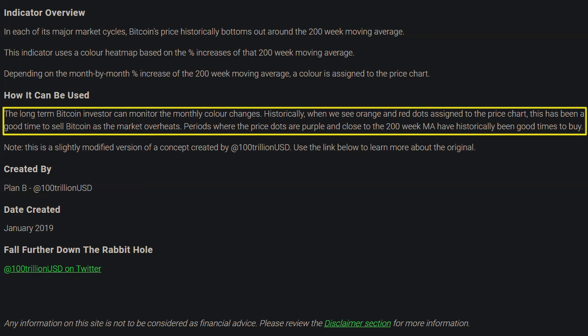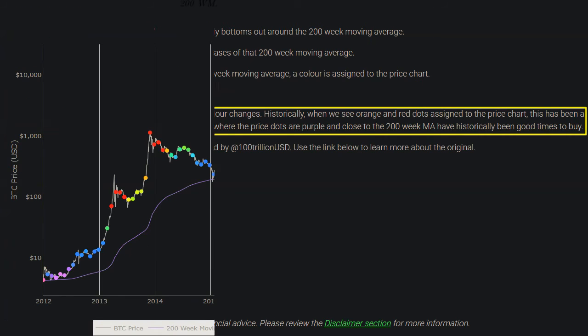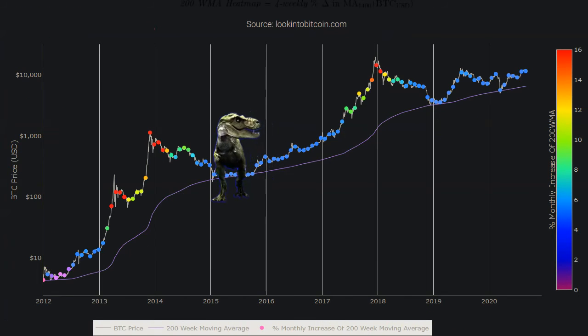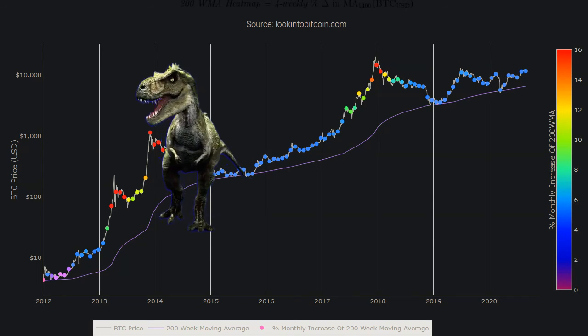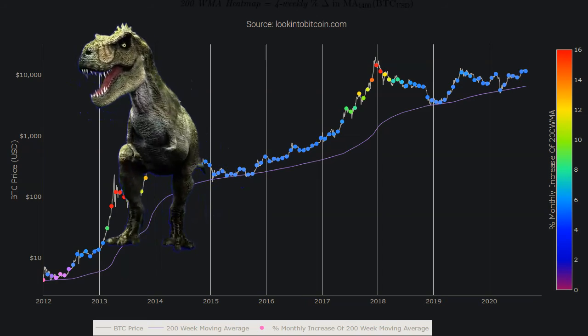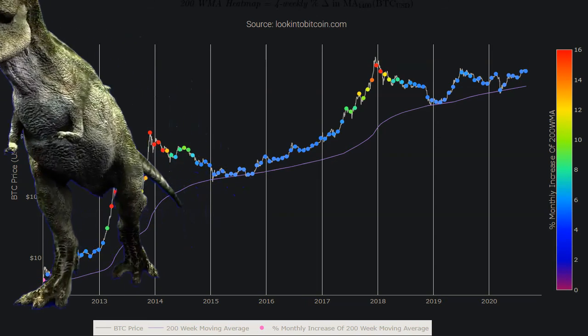Now let's go back to the chart and see if we can apply what we just read. As we mentioned, this purple line beneath the price, that is following the price itself from 2012 to 2020, is the 200-week moving average.